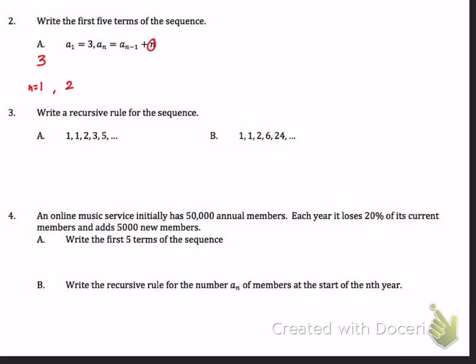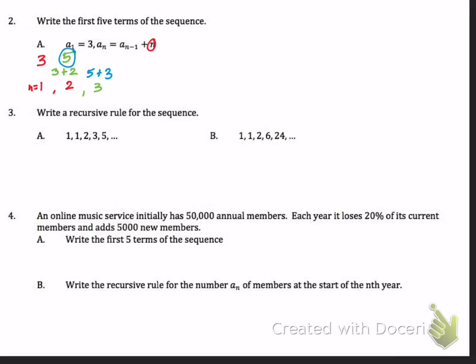So to find that, I'm going to take 3 plus 2, which would give me 5. Then I have n equals 3. So I'm going to take my previous number, which is 5, and then I'm going to add what? 5 plus what? 2. Not 2, 3.